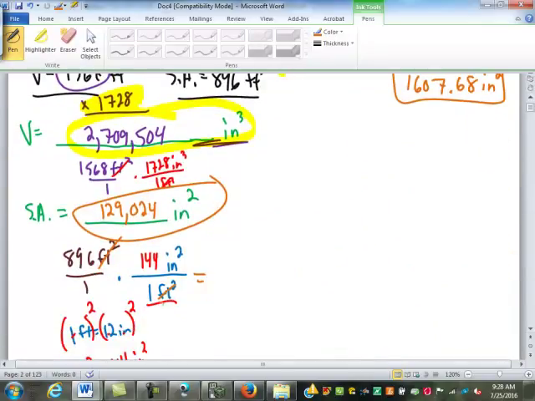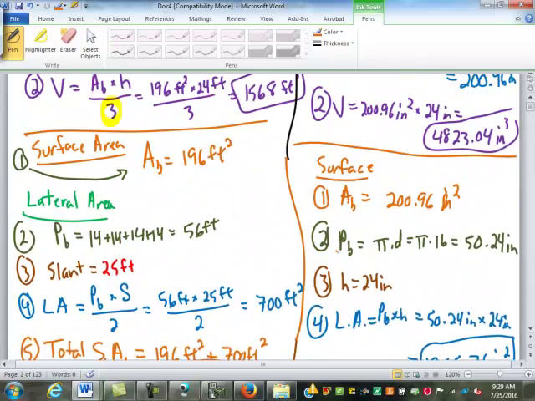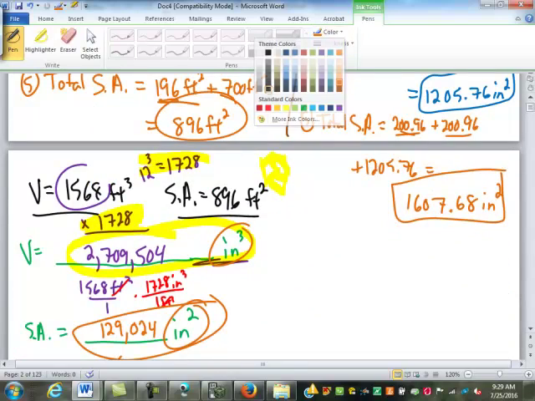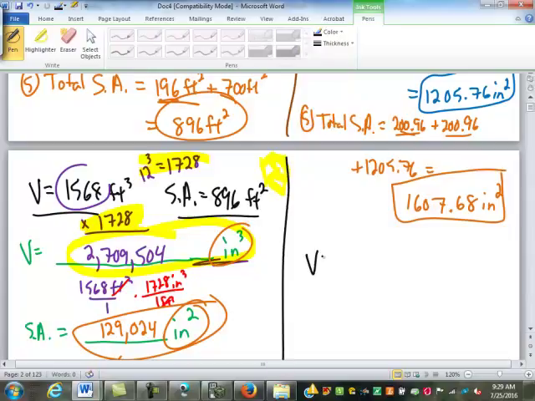Down here, this is inches squared. Yeah. This one was inches cubed. So now over here for volume, we got 482304. And for surface area, we had 1607.68.